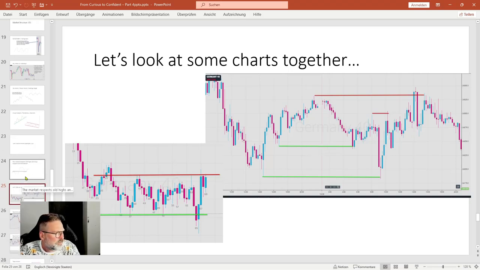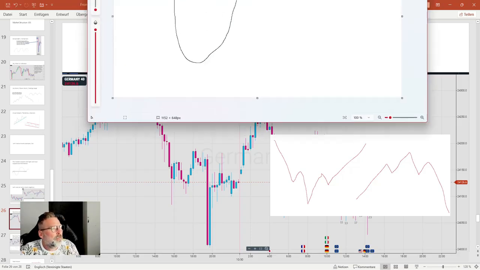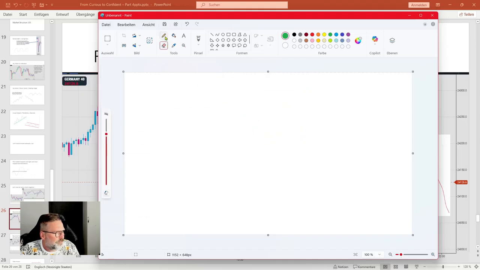So now let's look at reversal patterns. I will only show you two. The first is a classic one. It's called a head and shoulders. How does that look? So market comes up, forms the left shoulder, goes further up, forms the head, and from there, that's the highest point.